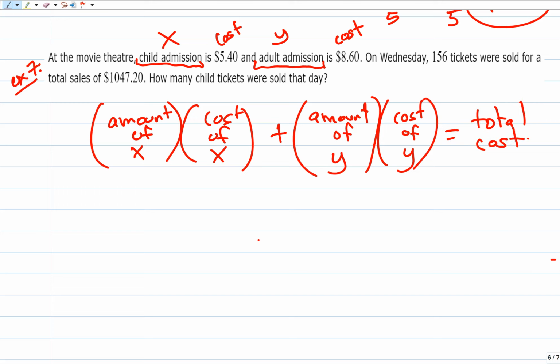This is one of the models that you need to be able to set up with the word questions. When they start talking about costs and amount, cost times amount equals total. Fair enough?